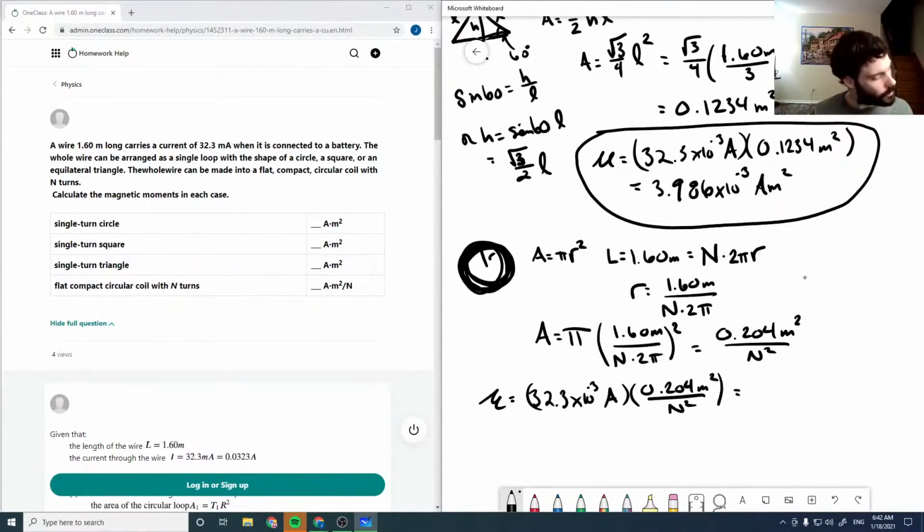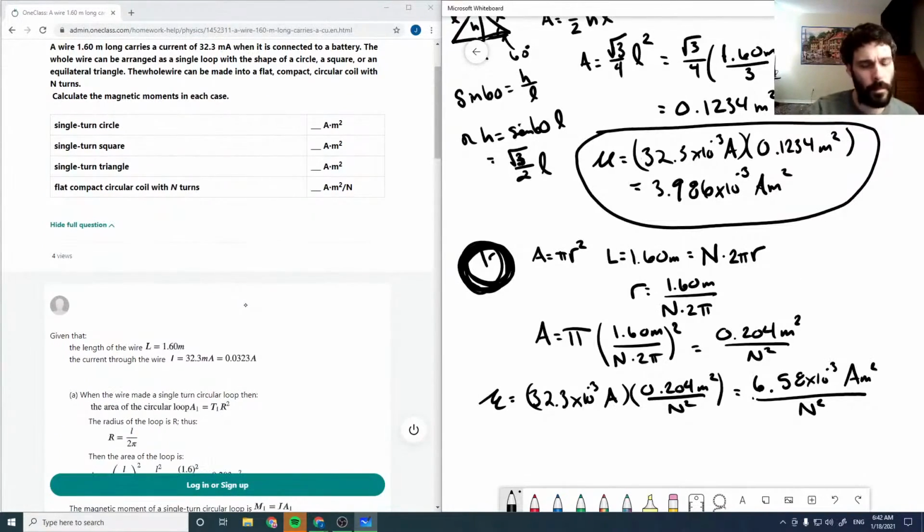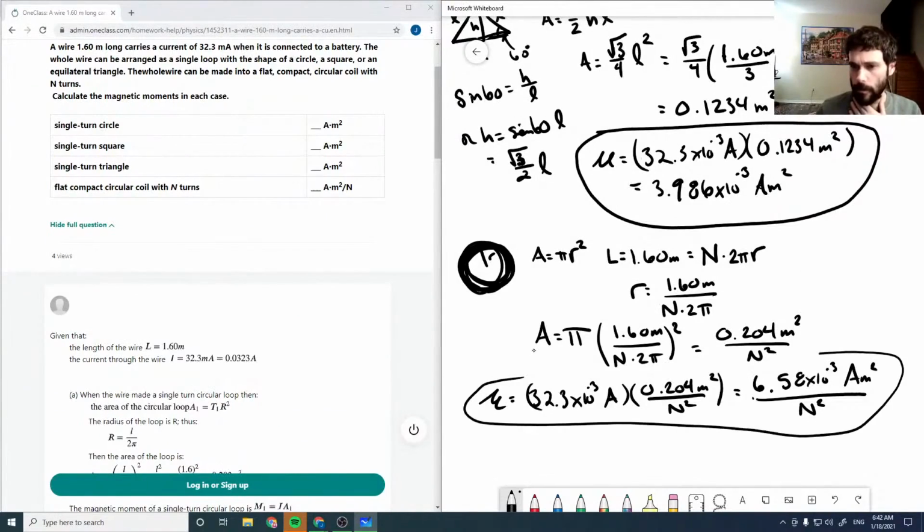And so then it's pretty much the same as the circle, amp meter squared, but over n squared. There. Okay. So then, I'll just circle that one. So there's for our coil, it then turns.